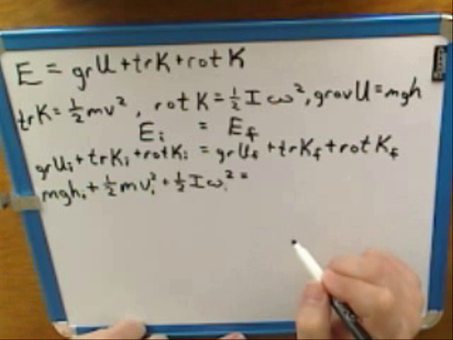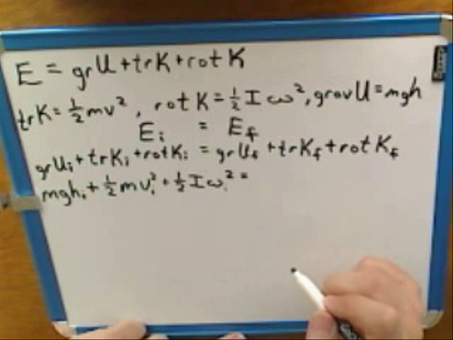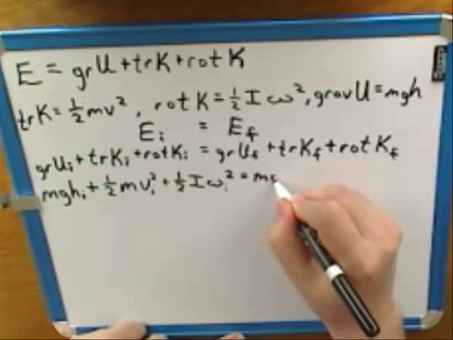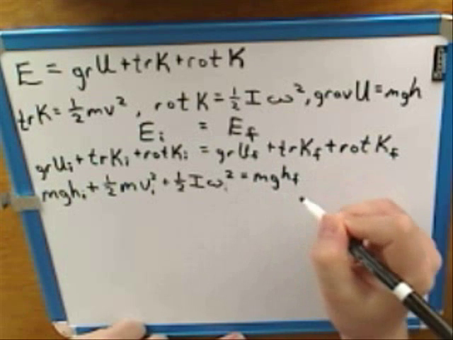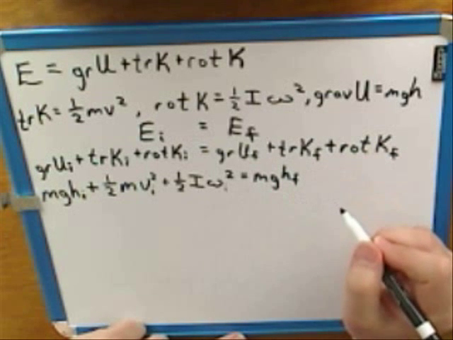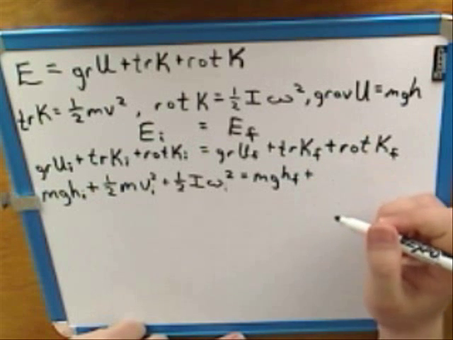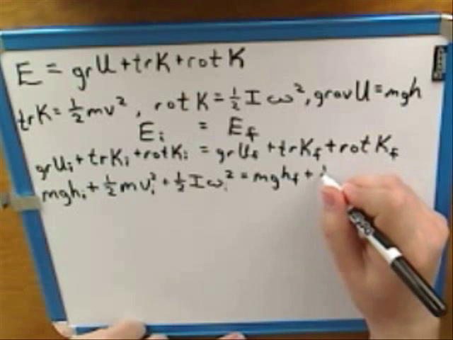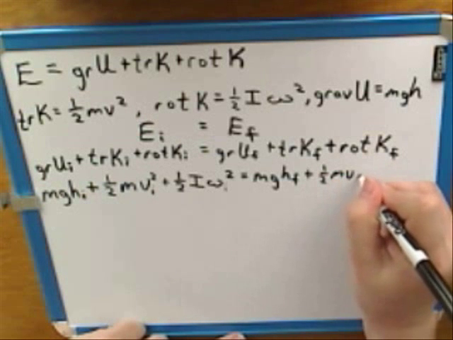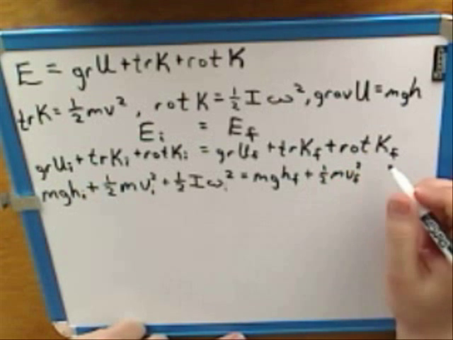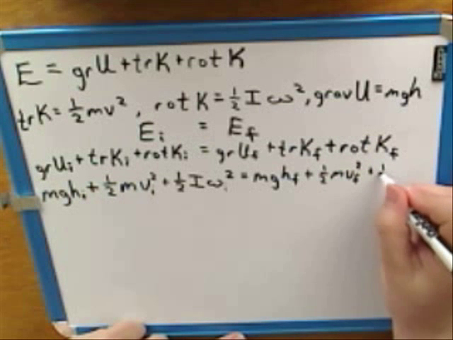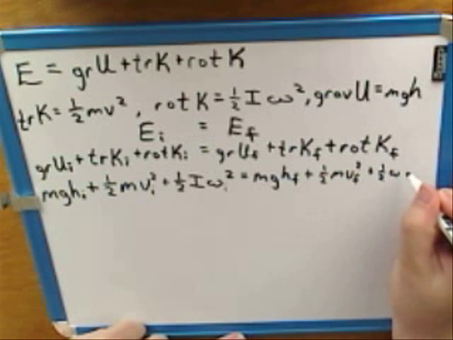All right, let's do the right-hand side. Equals mgh final. I'm sorry. Yeah. That's good. Plus. Sorry, I have to write down at the same time. 1/2 mv final squared. Good. And then plus 1/2 omega final squared.